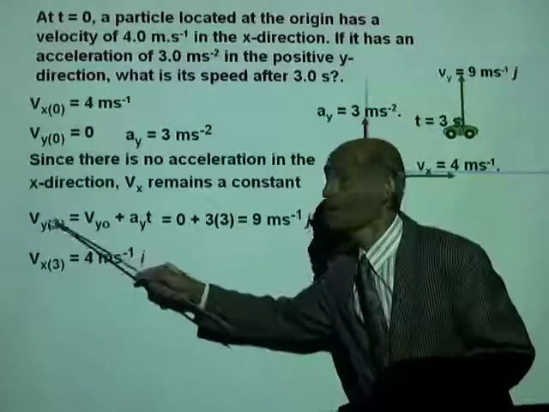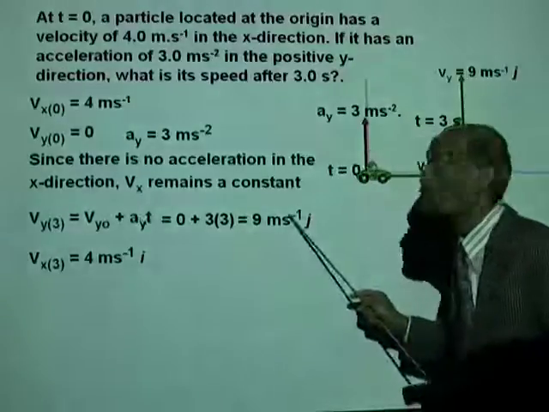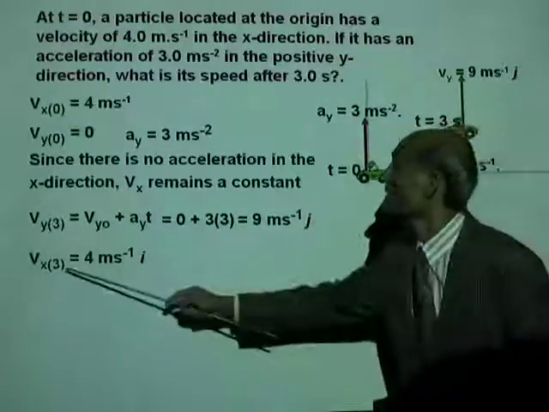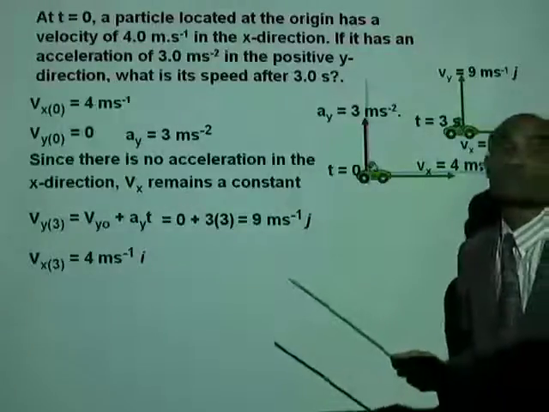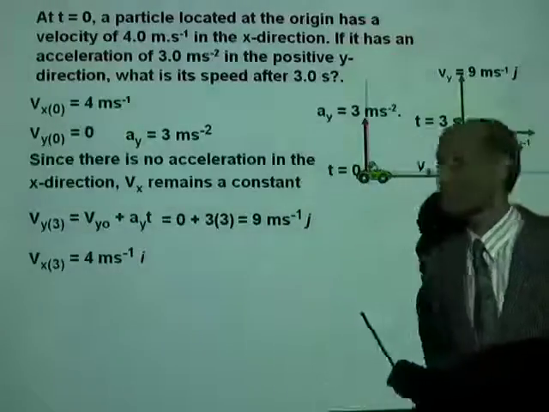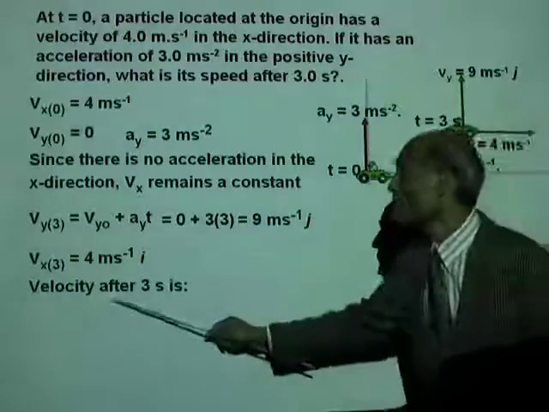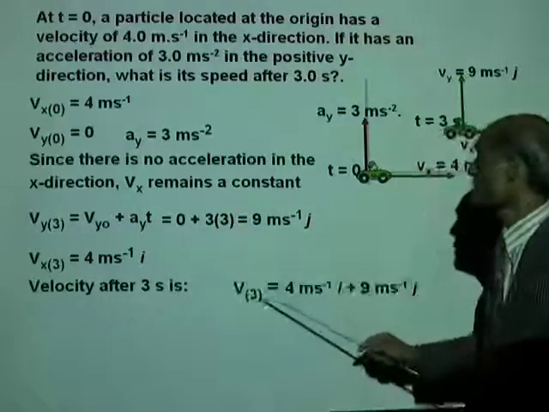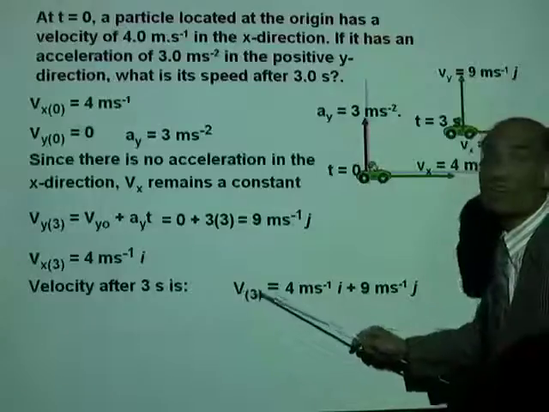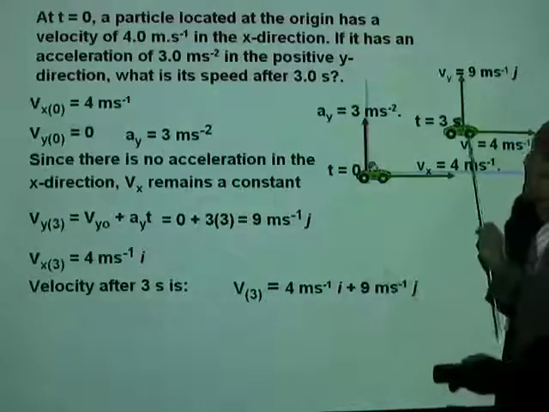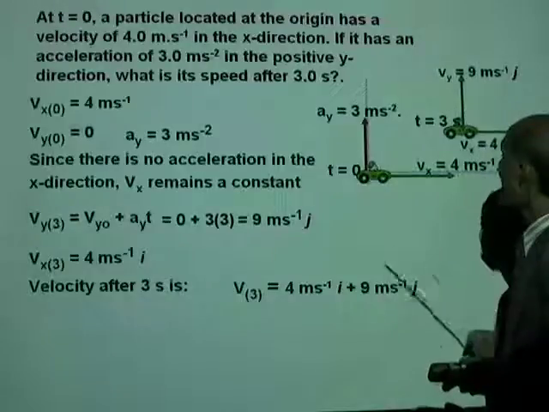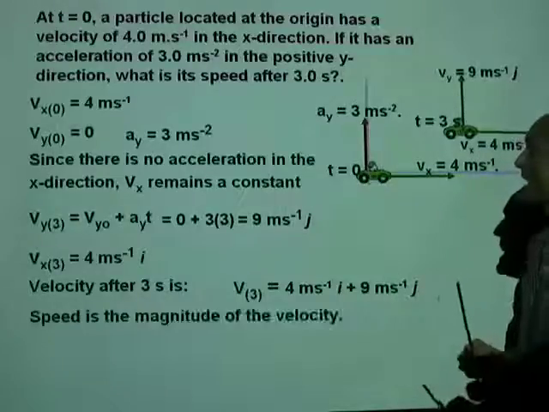So the y velocity after 3 seconds is 9 meters per second. X velocity is 4 meters per second. X velocity has not changed. Velocity after 3 seconds, therefore, v of 3 is 4 meters per second i plus 9 meters per second j.